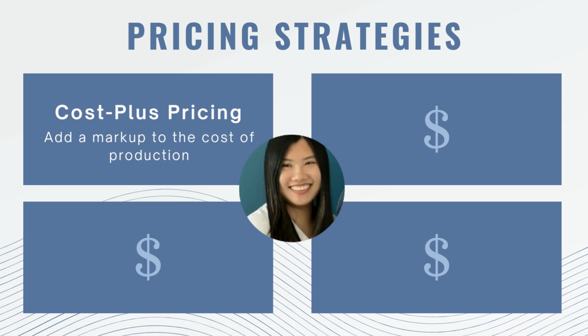When to use it is when costs are stable and predictable, in industries with less price sensitivity, or when bidding on projects with clear cost estimation. How to implement is that you want to calculate your total unit cost and add a desired profit margin. That's like a markup percentage. The markup should be sufficient to cover overhead and generate profit.